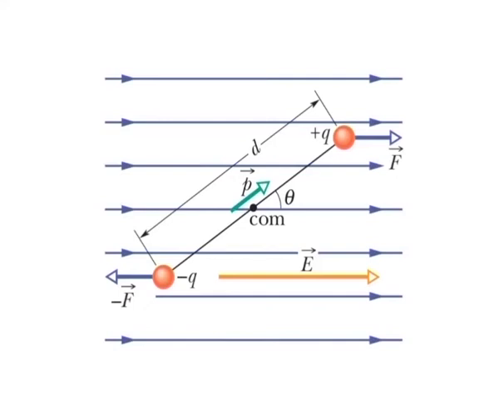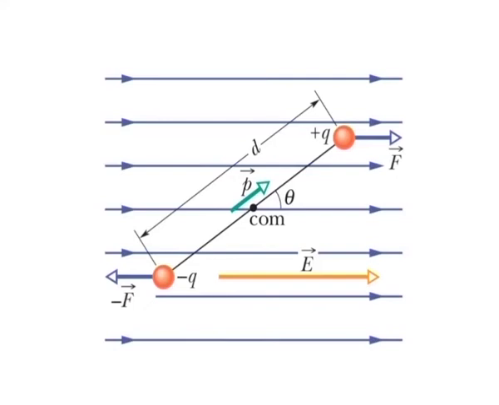We assume that the dipole is a rigid structure that consists of two centers of opposite charge, each of magnitude q, separated by a distance d. The dipole moment P makes an angle theta with field E.